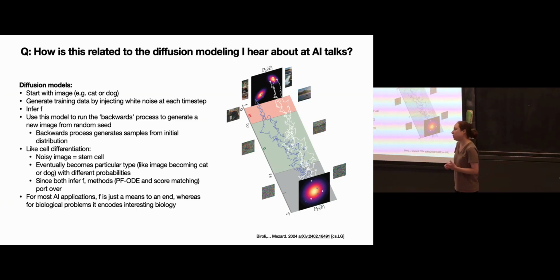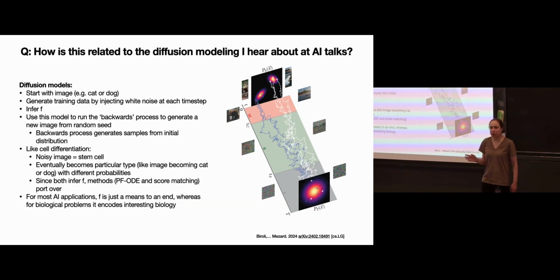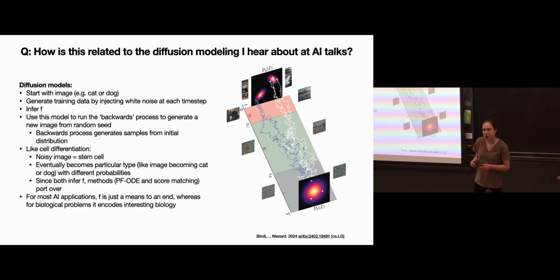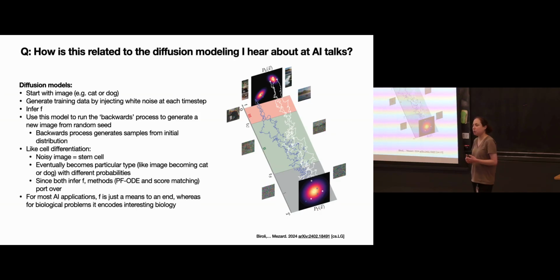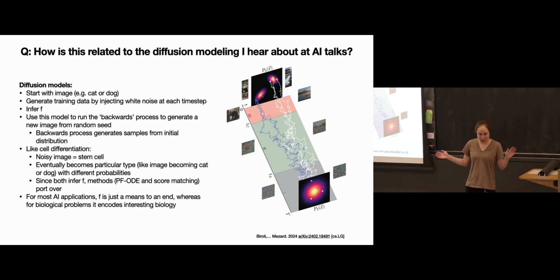And now what you can do is a similar type of computational problem to what we've just been talking about. Your training data consists, for example, of the series of images that you produced, and you can train a model to estimate this deterministic force or flow field F. In this case, the computational problem is actually a bit simpler because you purposefully chose a form of the noise that you know completely, and it's a very simple one, right?